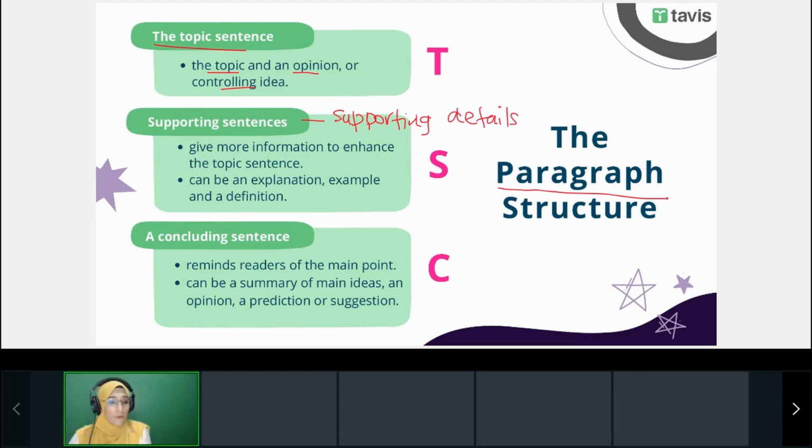Let's say you are given a topic that is something that you read about or something that you have encountered, right? Like for example, COVID-19. Now everybody knows about COVID-19, right? So you can give a simple definition. What is COVID-19? Maybe a lot of us do not know what COVID-19 is.